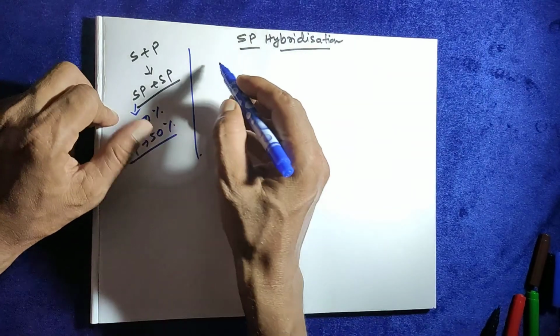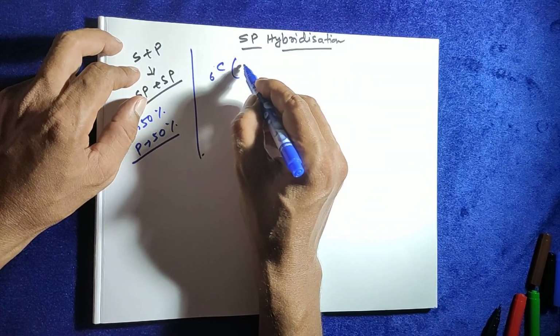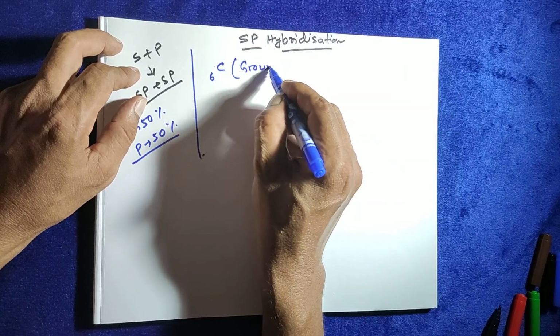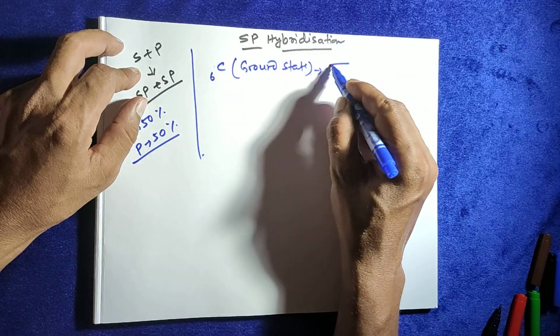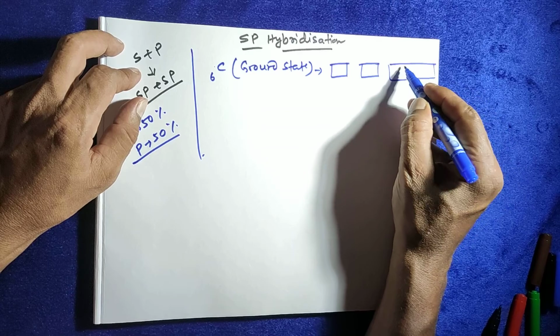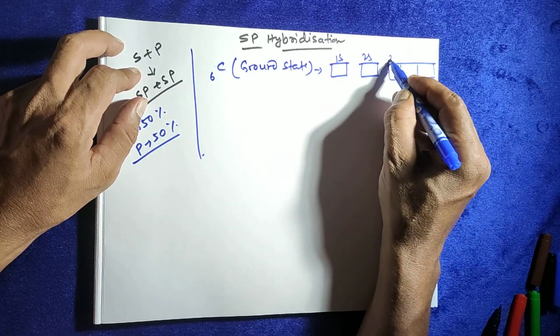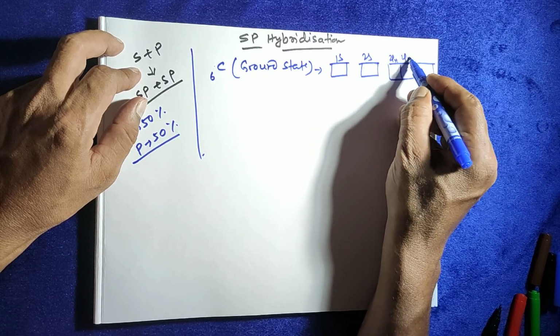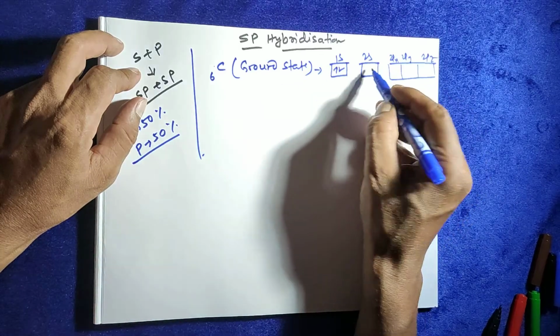In the case of carbon, the atomic number is 6. In the ground state it has the electronic configuration 1s, 2s, and 2p: 2px, 2py and 2pz, with 2 electrons.